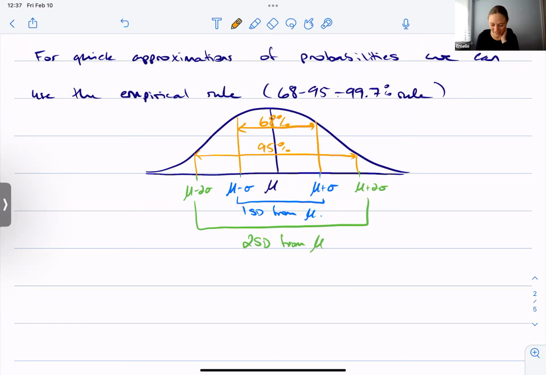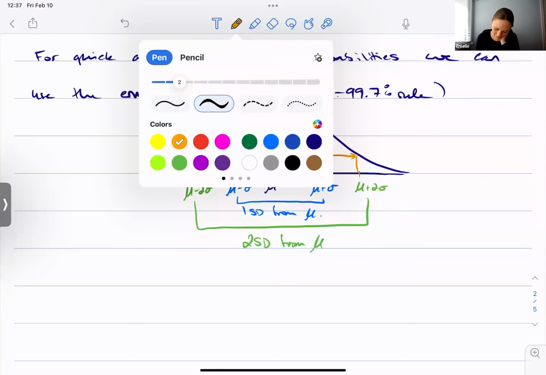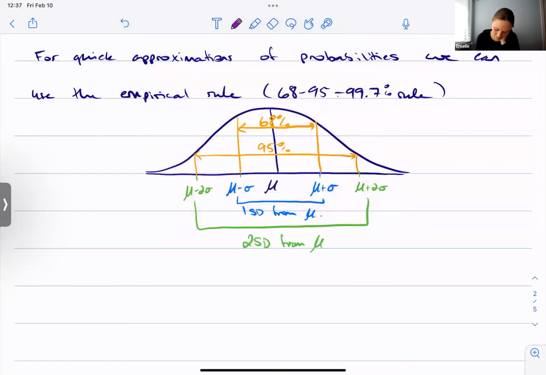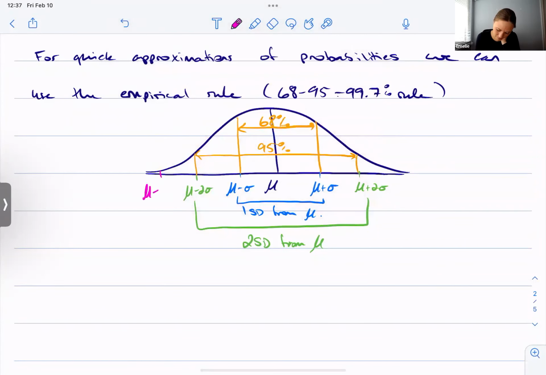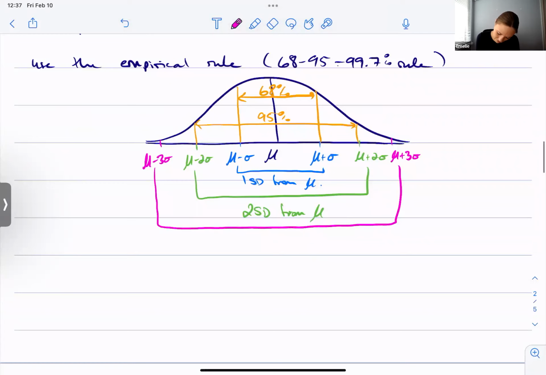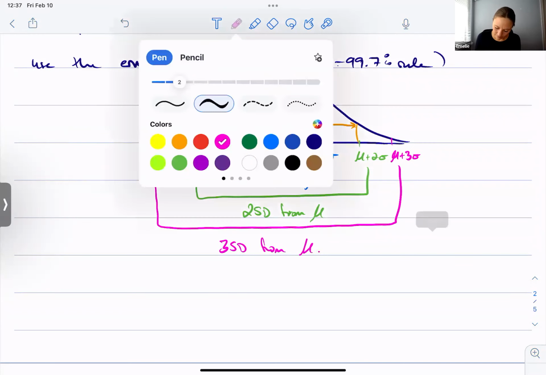And then finally, let's do, I think, mu minus 3 sigma and mu plus 3 sigma. Which is 3 standard deviations from mu.